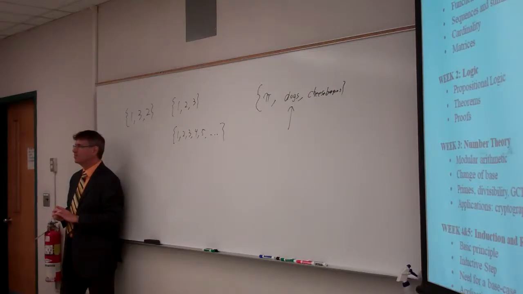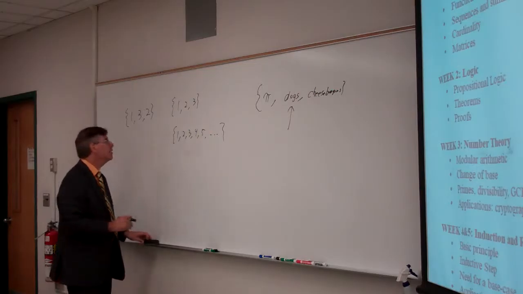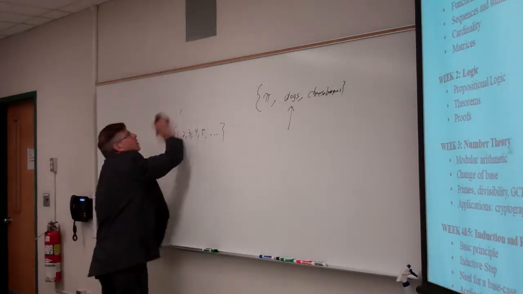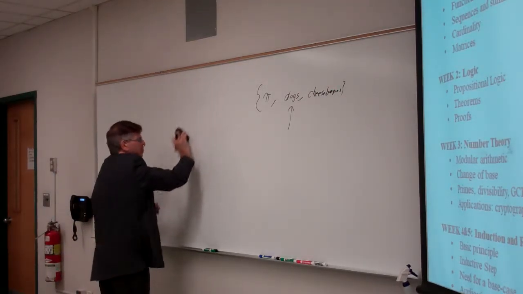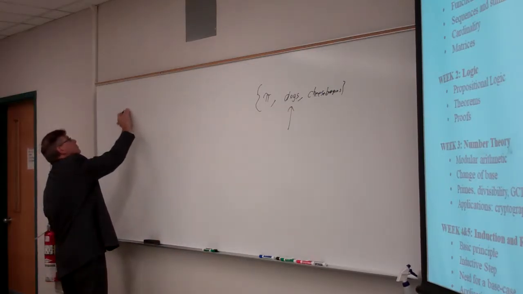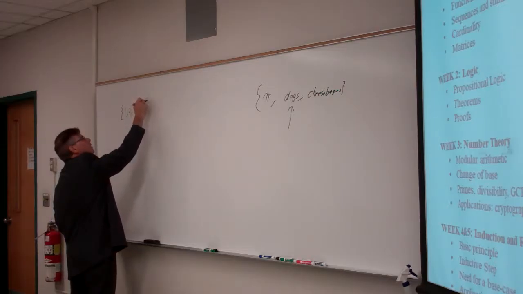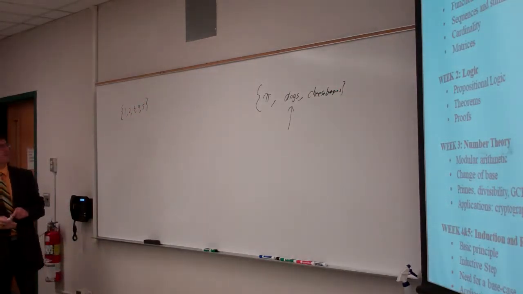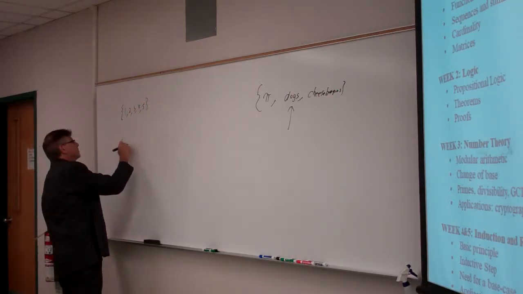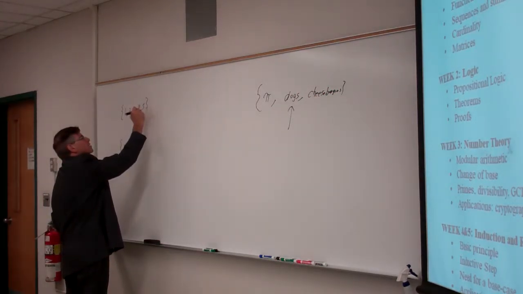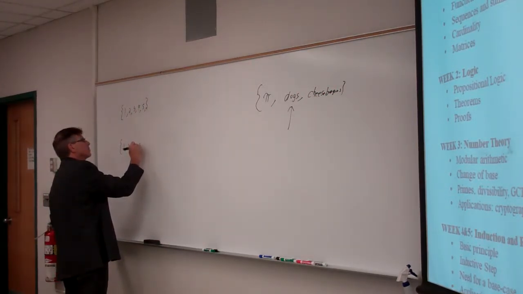Because if we have two sets, say, of real numbers, well, let me use discrete numbers, for example. So here's a set, and here's another set. Let's say that goes on forever.